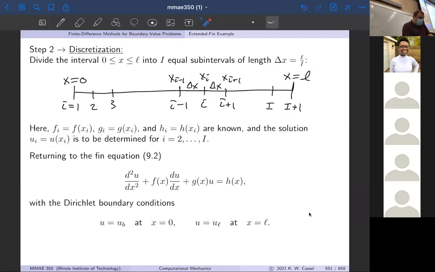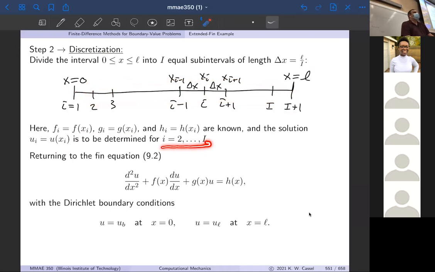Now, I know the boundary conditions, so I actually know the temperature here and here at the two ends. That's UB on the left and UL on the right. So I don't need to calculate these. So the unknowns are all the interior values of i, the interior points. So the unknowns correspond to little i from 2 to capital I, because I know at 1 and I know at capital I plus 1.